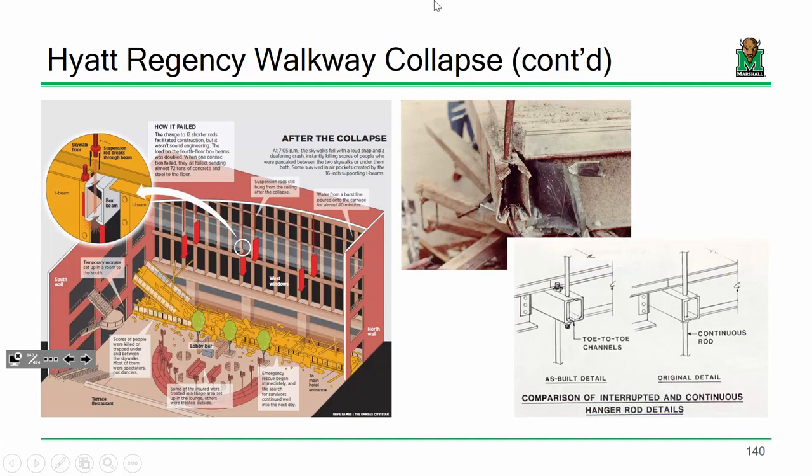You're just filling it with enough weld metal such that the capacity is not governed by the weld metal, it's governed by the metal associated, in this case, with the 2 channels. So basically, for lack of a better scientific term, you're just welding the heck out of it. That's essentially what was going on here. They placed so much weld that if it was going to fail, it was really going to fail the channels. And that's really what happened. You can see here from the forensic investigation that it was the channels that gave out, right where the welds were.